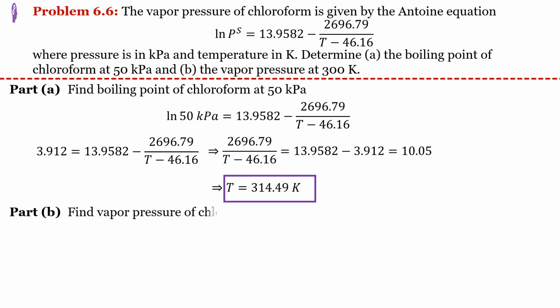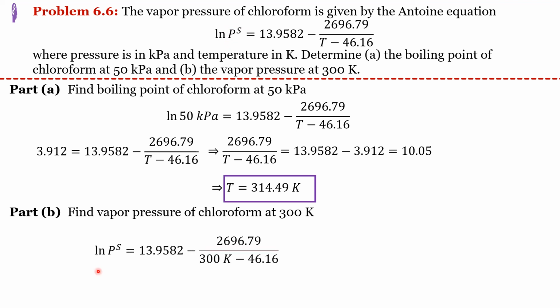Now in part B we have to find the vapor pressure at a different temperature. Again we will put the value of temperature T, which is given as 300 Kelvin, and this time we have to estimate the PS.